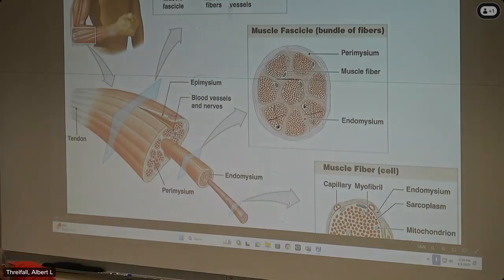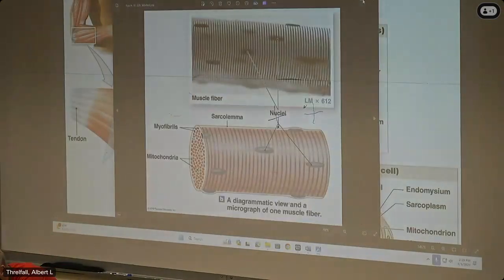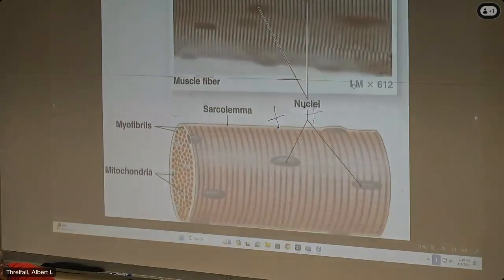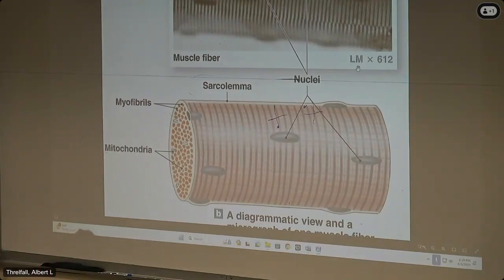We didn't look at this picture on Monday, but we looked at this one. And we talked about the fact that skeletal muscle cells are huge, multinucleated, cylindrical, and have peripherally located nuclei. When we see the nuclei there, we can tell they're peripherally located.